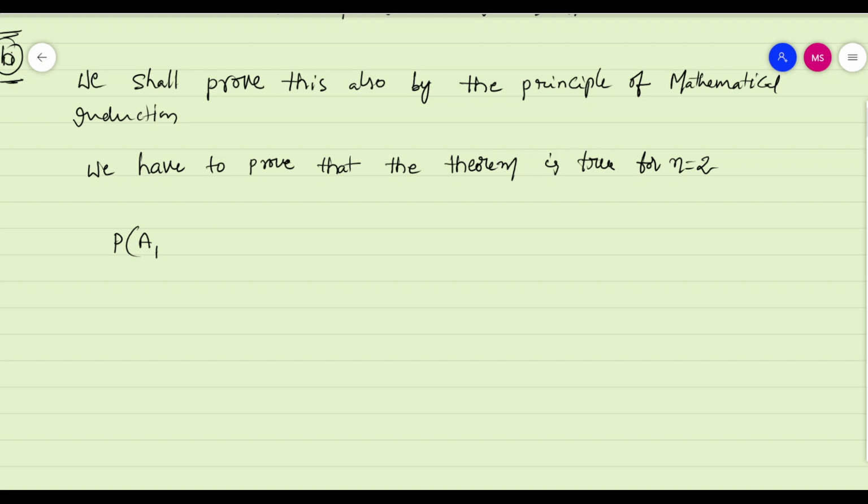P of a1 union a2 is equal to P of a1 plus P of a2 minus P of A1 intersection A2, which is less than or equal to P of A1 plus P of A2.